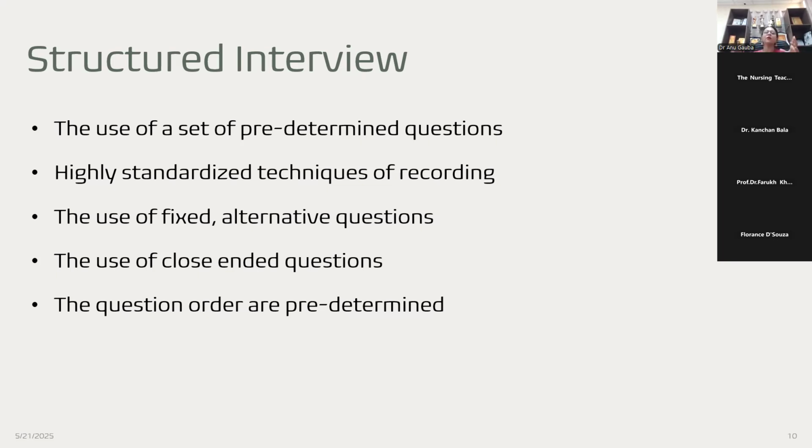See, when we talk about a structured interview, it means the interviewer has a set of predetermined questions, right? You have some set of questions with you, and you are going to ask these questions of the individual, right? Now, the structured interview basically asks closed-ended questions.